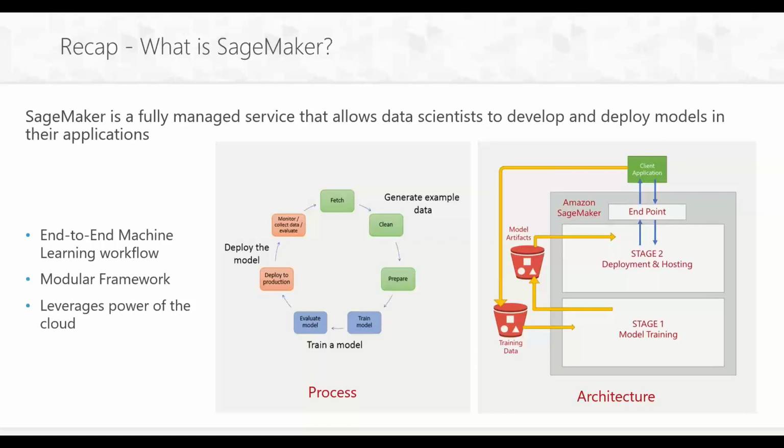So what this means is that you can train your model locally and pull those model artifacts into the S3 bucket so that you can use SageMaker services to deploy the model into production to use with your client application. Conversely, you can also use the first stage of SageMaker to train your model and then export your model externally to use on an external endpoint somewhere else.